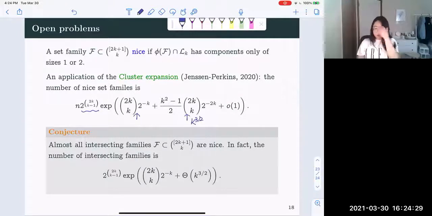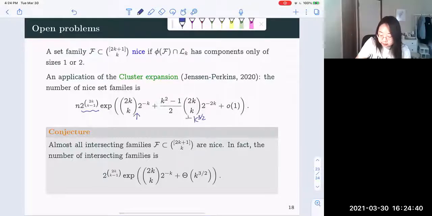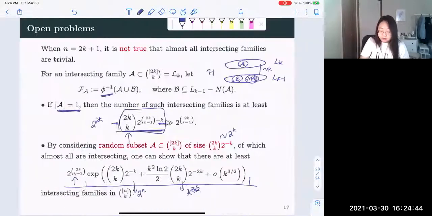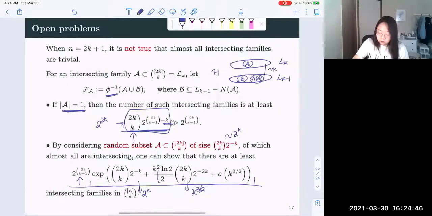So it's very similar. The main difference between these two formulas is that here the coefficient of k to the 3/2 is 1/2, but in the previous formula, the coefficient is log 2 over 2. So that is the major difference between these two formulas.